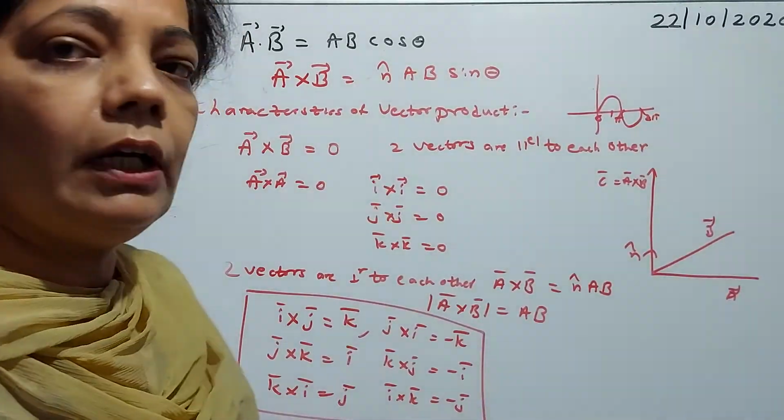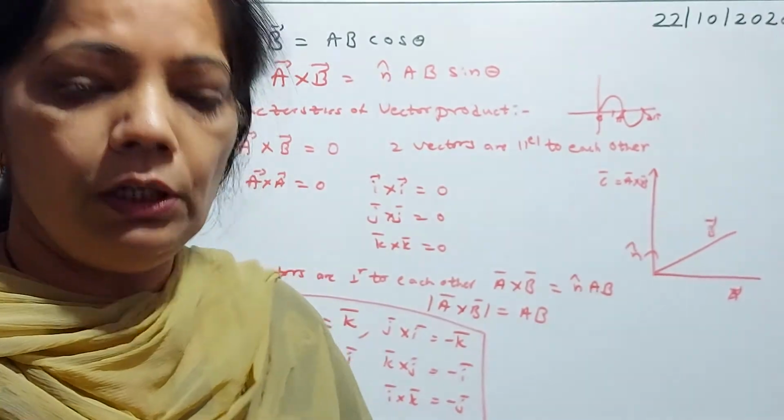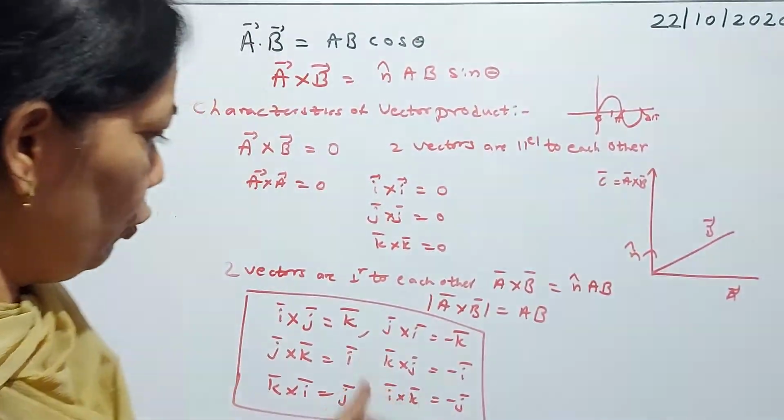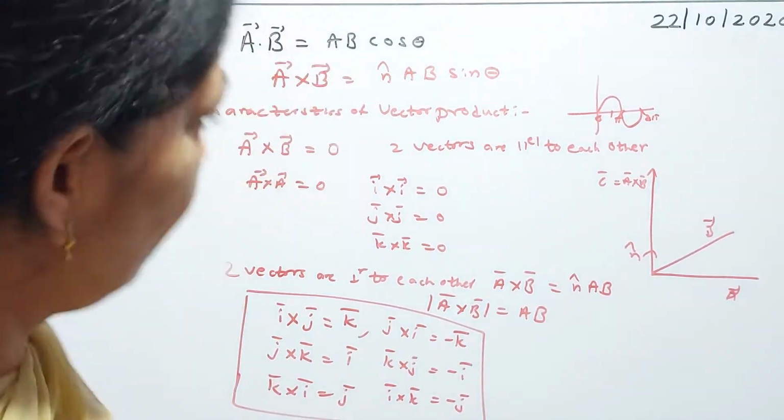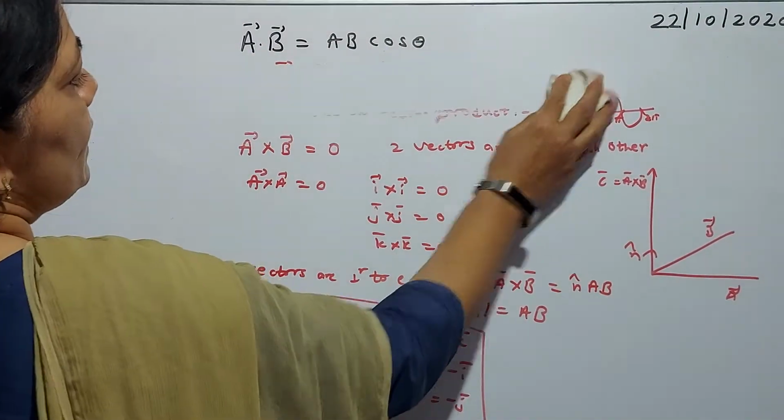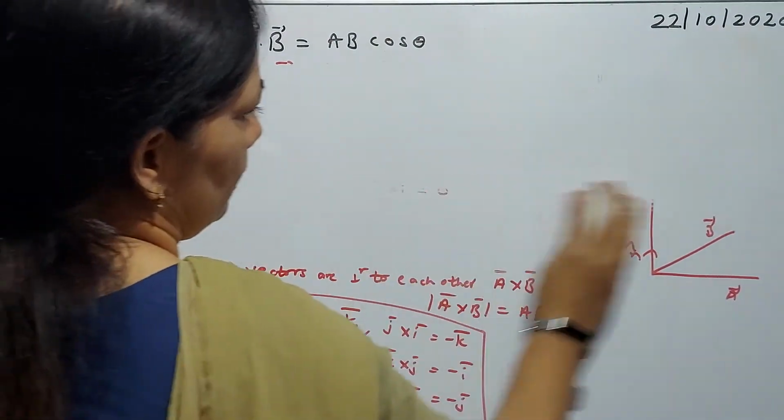This will help us in deriving the expression for A cross B also, correct? So we'll use them to define our next relation, which is the vector product in terms of the magnitudes of the vectors.